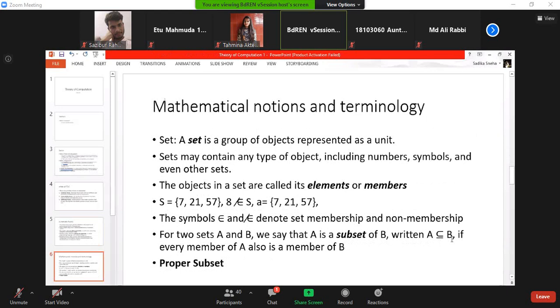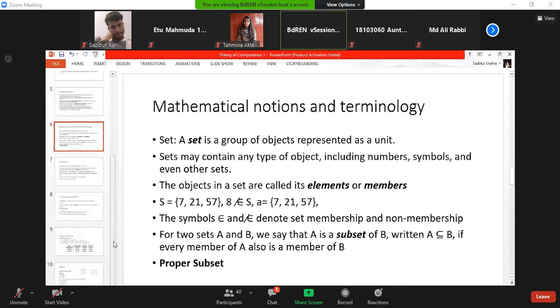It will be only A is a subset of B, where all the members of A are in B, but they won't be equal. That means any subset like A mentioned here will not be a proper subset, because it contains all the members that are in B, and they cannot be equal to be a proper subset. So this is a proper subset, where every member of A is also a member of B, but they are not equal. Okay.